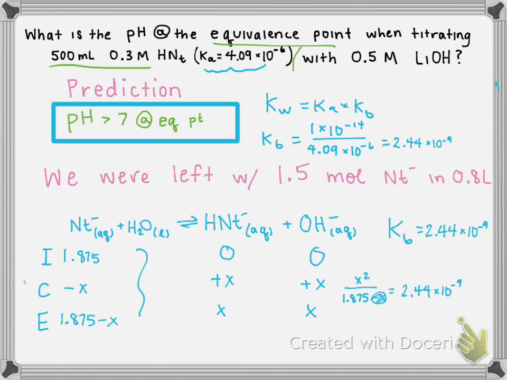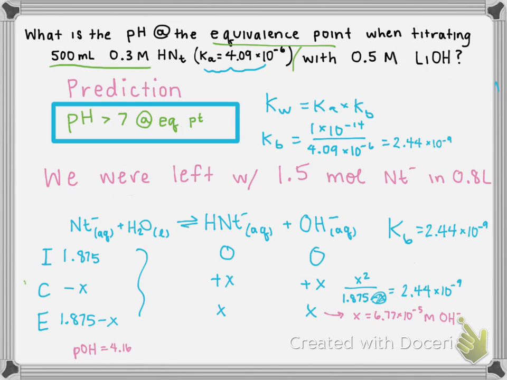And so to solve this, we'll just multiply over by 1.875, take the square root, and solve for x. So x equals 6.77 times 10 to the minus 5 molar. And from my ice table, I know that x is equal to the concentration of hydroxide. So when I go ahead and take the negative log of this number, what I'll end up getting is pOH. And that number is 4.16.